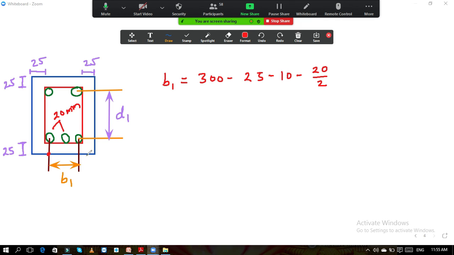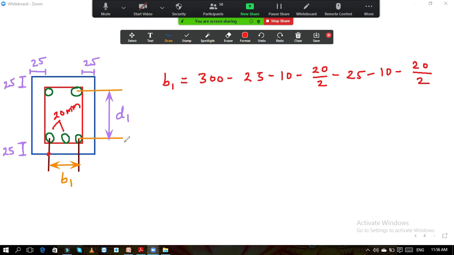Now the same thing I should do from this end also. I have minus 25, I have minus the diameter of the stirrups, then I have minus half of the bar diameter. Same thing from this side also: again minus 25, then again the diameter of the stirrups, so minus 10, and minus 20 by 2.